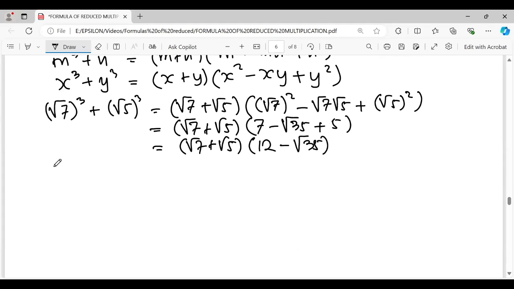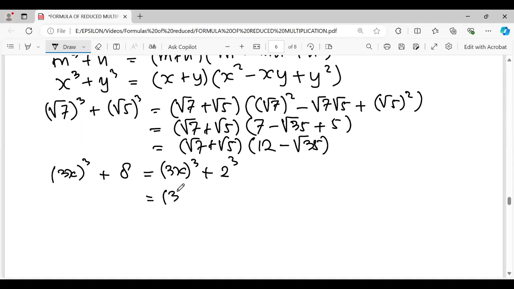Next, how about if (3x) cubed plus 8? Okay, it becomes (3x) cubed plus 2 cubed because 2 cubed equals 8. After that, we can expand based on this conclusion.